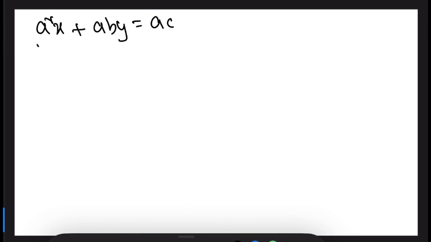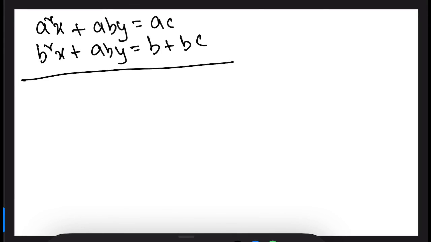Then this one will become b square x plus aby equals b से मल्टीप्लाई किए थे, b plus bc. Okay, now this is our third equation and this is our fourth equation.